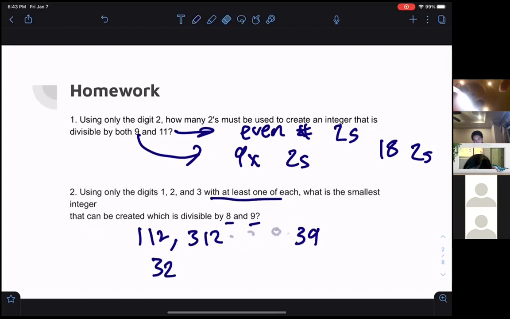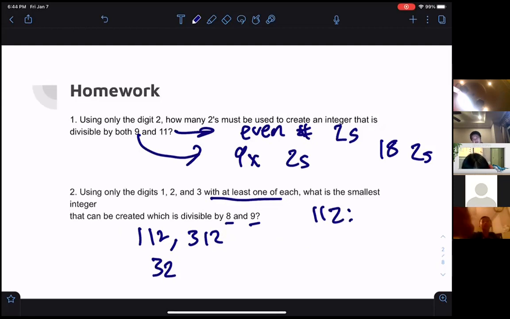So for each case, let's take the 112 case first. We've already satisfied our at least one of each condition by having a 1, a 1, and a 2. We'll see why this is true when we prove why the divisibility by 9 works, but it turns out the sum of the digits is congruent to the number's remainder when divided by 9, or mod 9. So 112 is 4 mod 9. You can test this because 108 plus 4, and 108 is a multiple of 9.